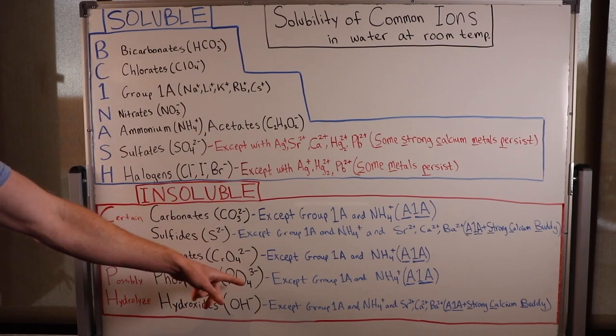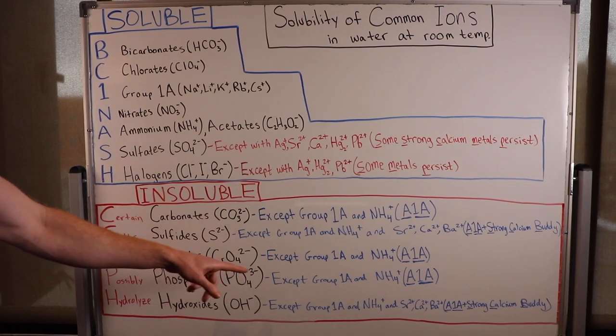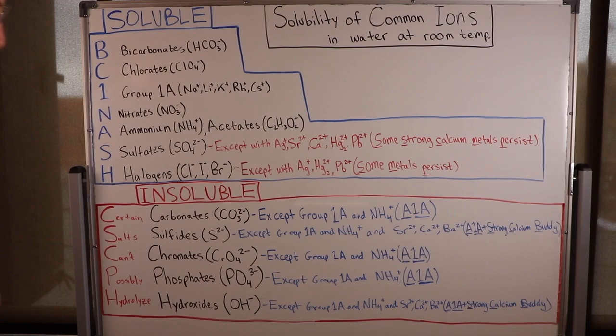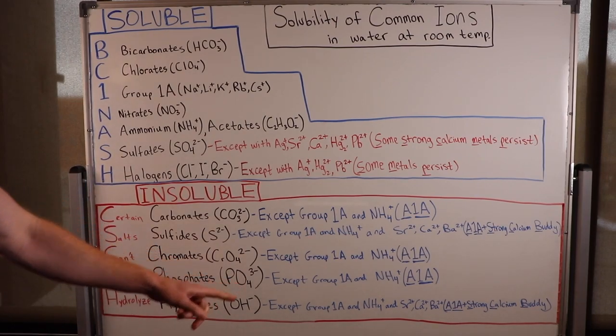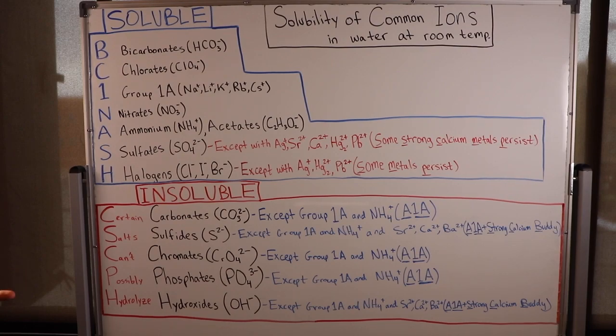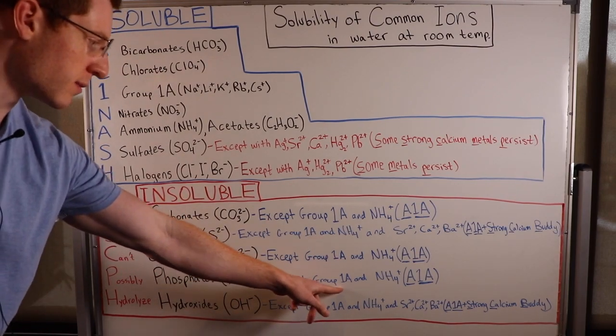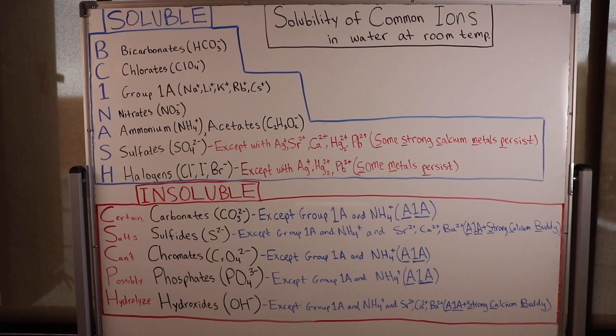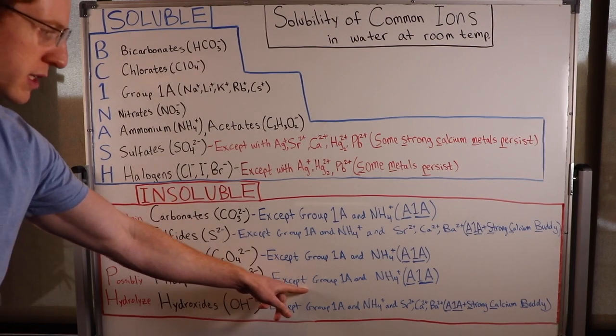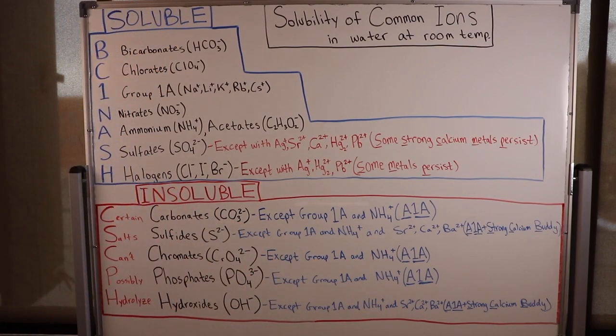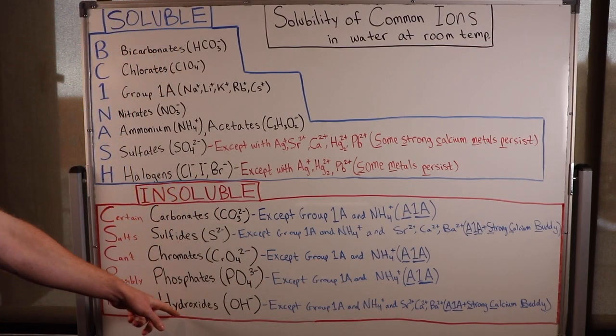Phosphates here, PO4 3-, are in general insoluble unless we've got that A1A exception. Again, something like sodium phosphate would be soluble, because sodium is a group 1A element. But calcium phosphate would be insoluble because calcium is in group 2A and it's not one of these A1A exceptions.